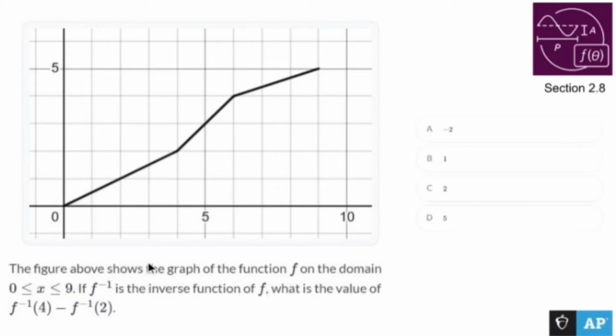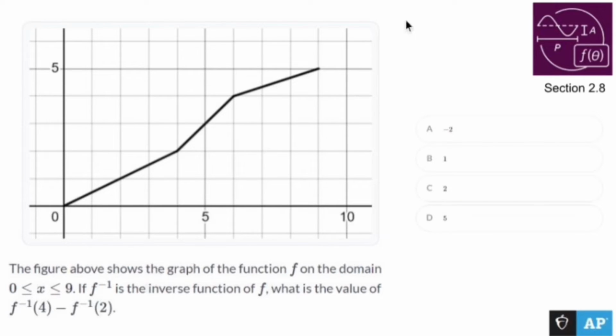The figure above shows the graph of the function f on the domain between 0 to 9. There it is. If the inverse of f looks like that, what is the value of f inverse of 4 minus f inverse of 2? Well, here's the thing.